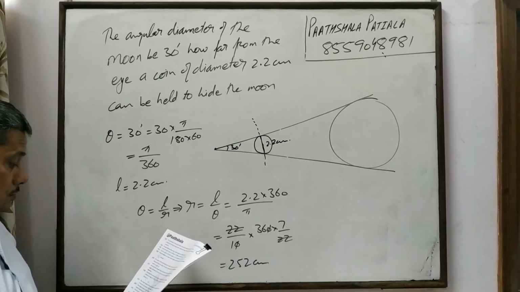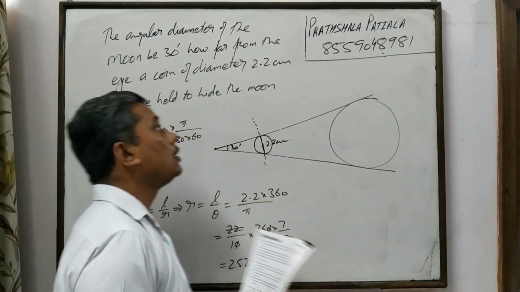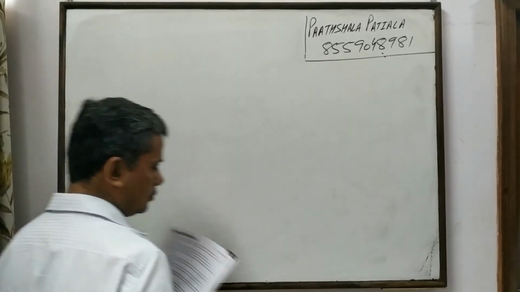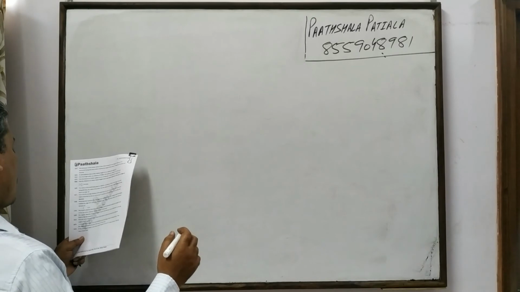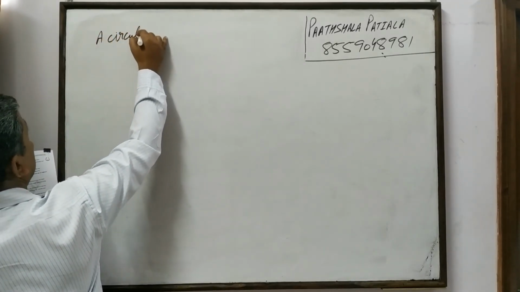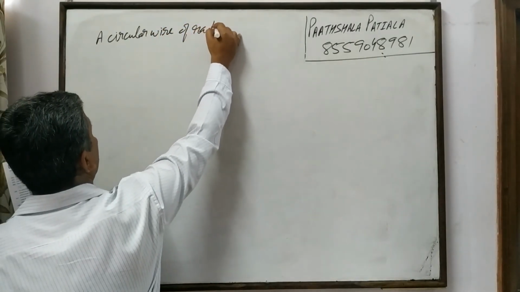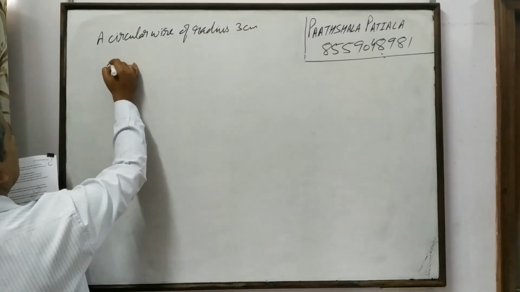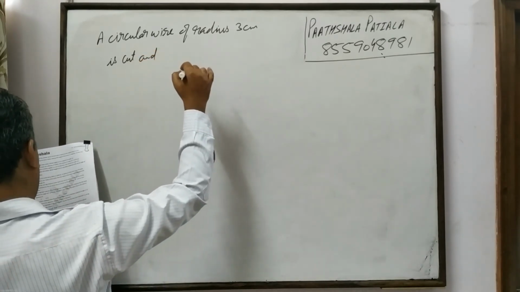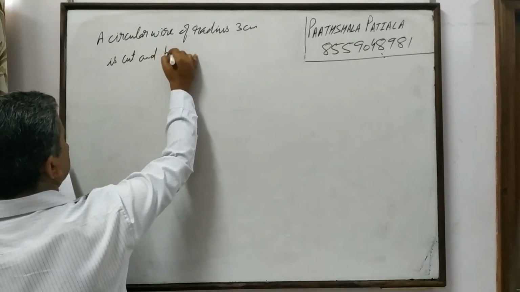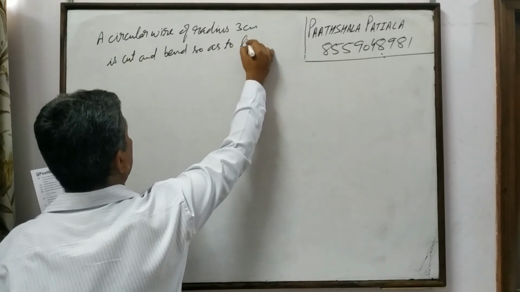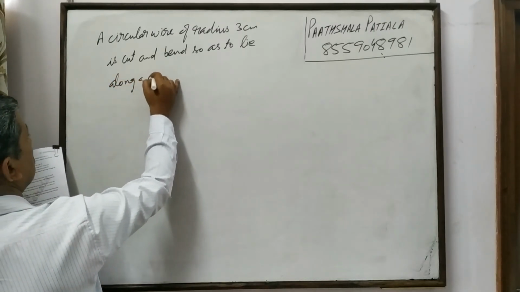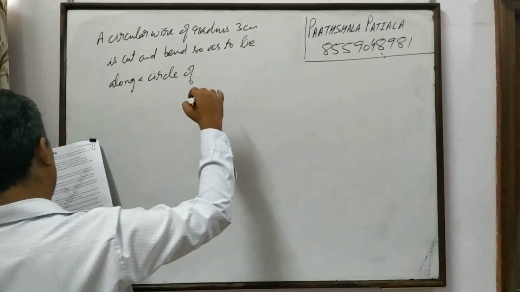Next is, so one last question for today. A circular wire of radius 3 centimeter is cut and bent so as to lie along a circle of radius 48 centimeter.